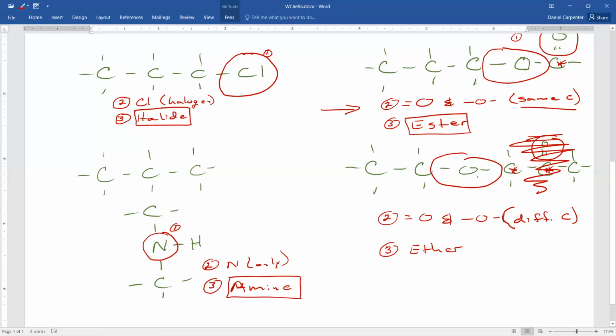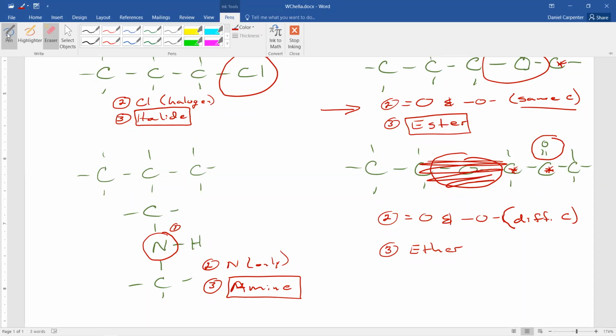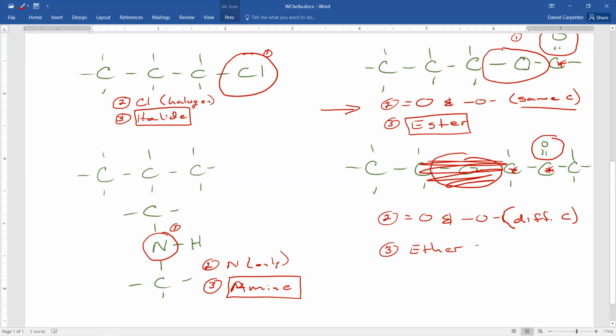And a double bonded O by itself on a carbon is, oh, and it's not on the end, so that would be an ether and a ketone.